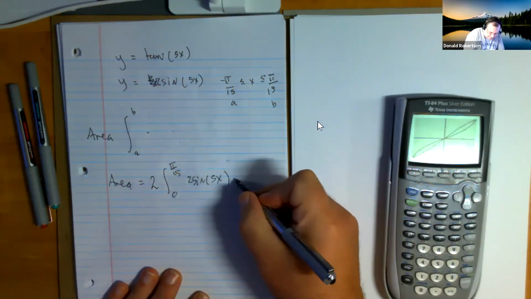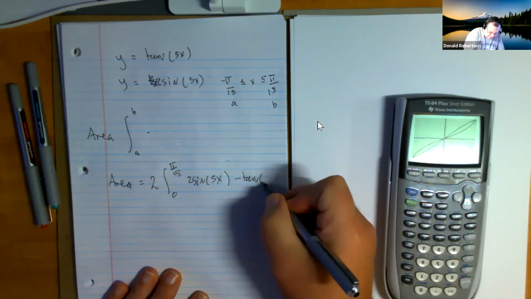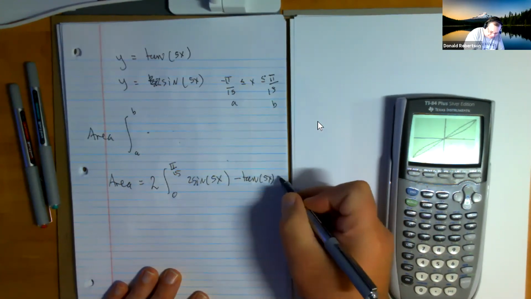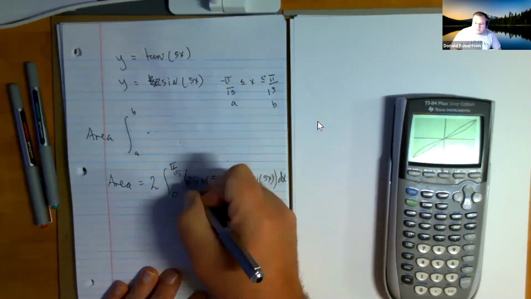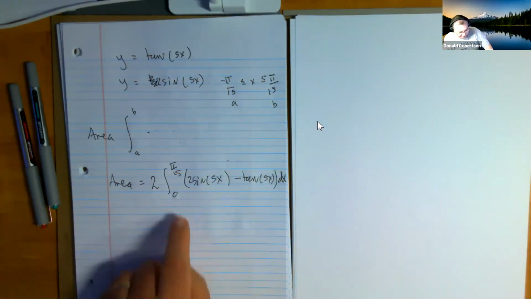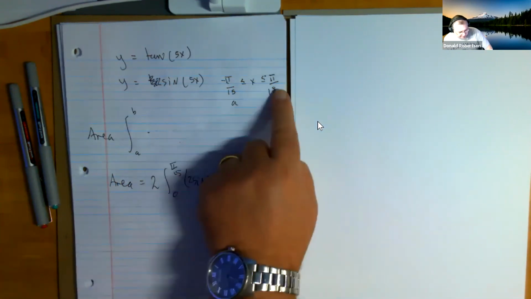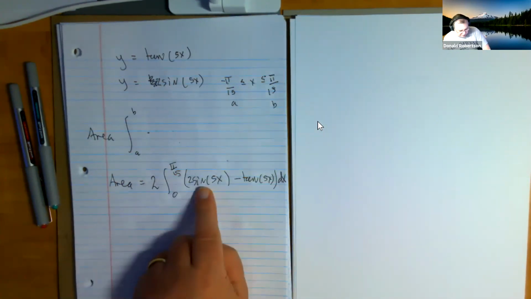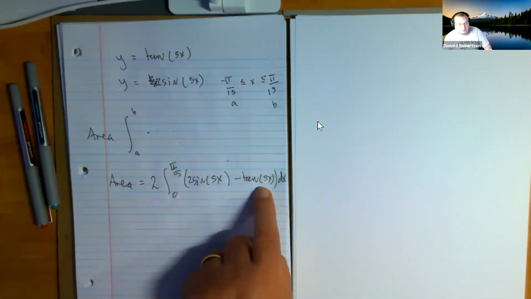And the bottom one is the tan of 5x. So that's pretty much the integral setup now. From 0 to pi upon 15, doubled. Guy on the top, take away guy on the bottom.